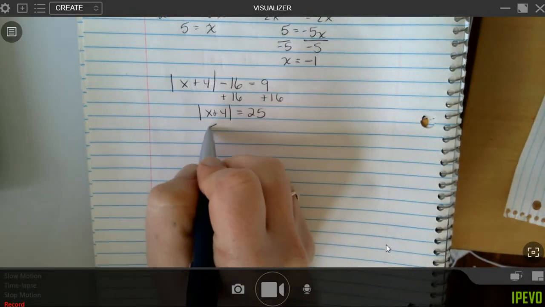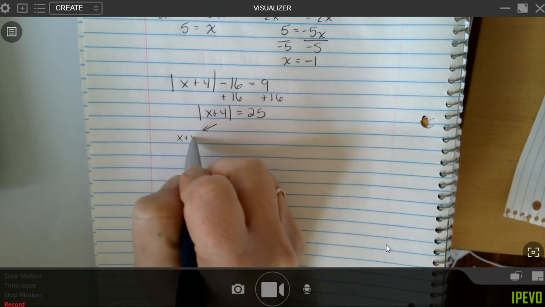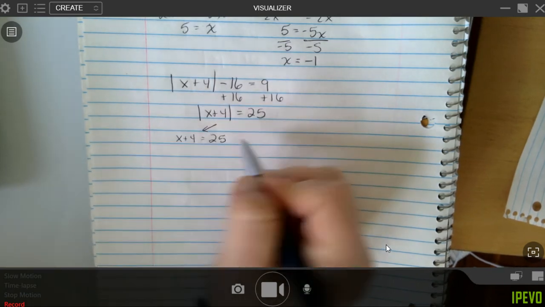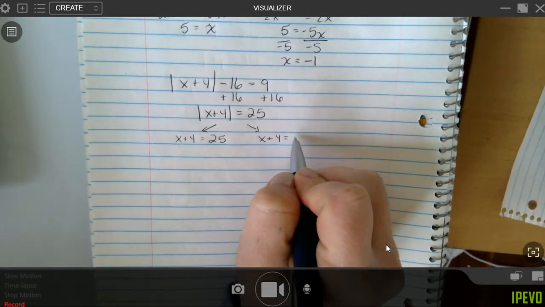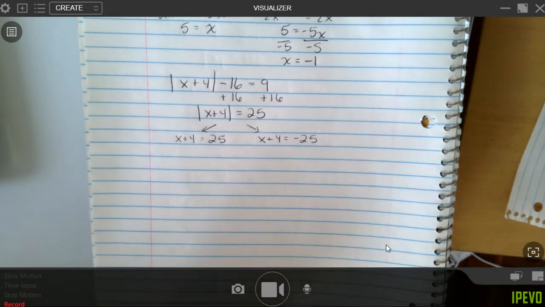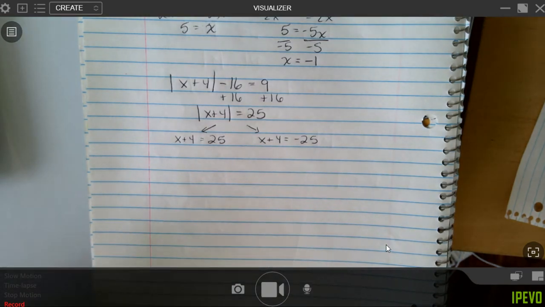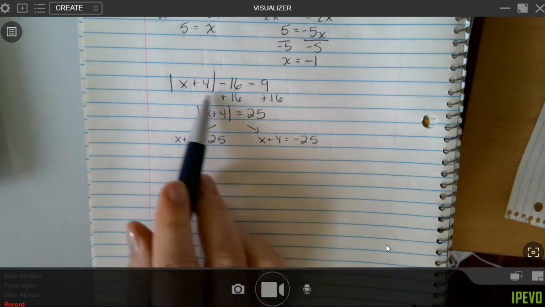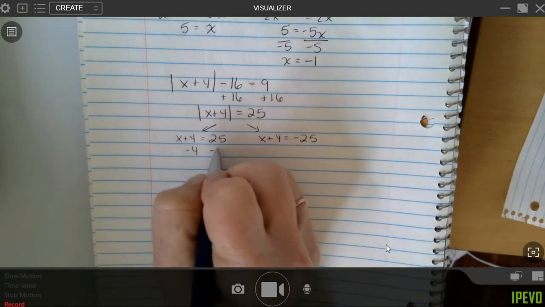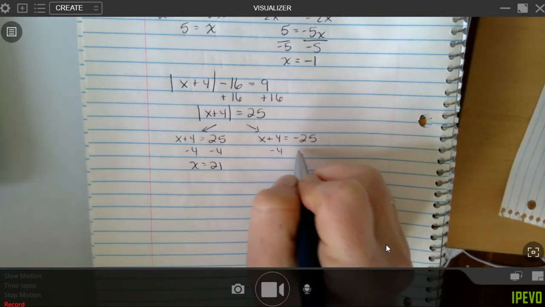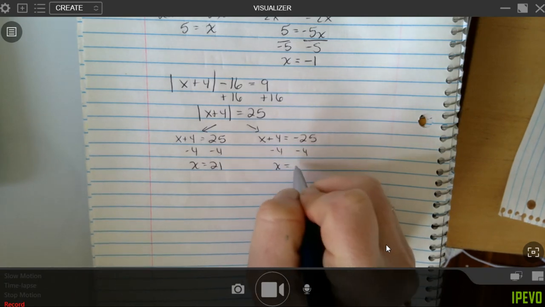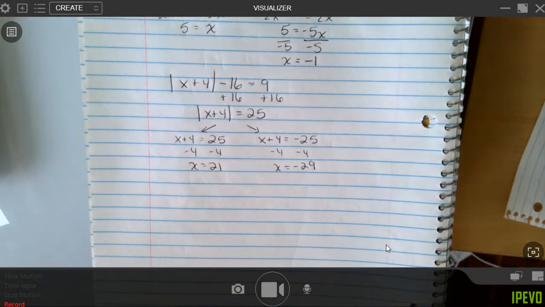So my first equation, x + 4 = positive 25. And the second one, x + 4 = negative 25. This looks a lot like the basic ones now, right? So then we minus the 4, x equals 21, minus the 4, x equals negative 29.